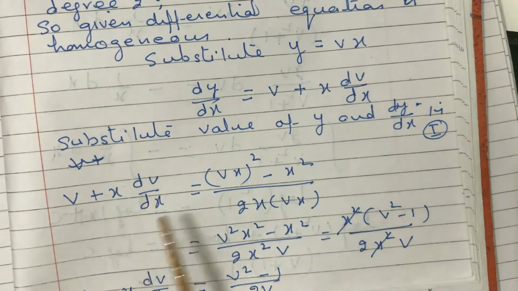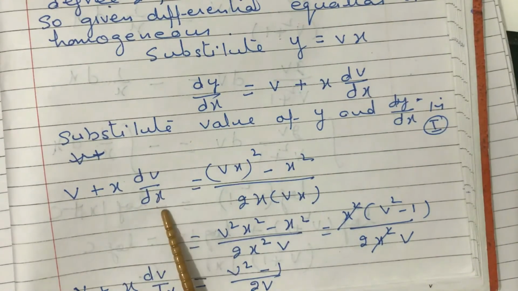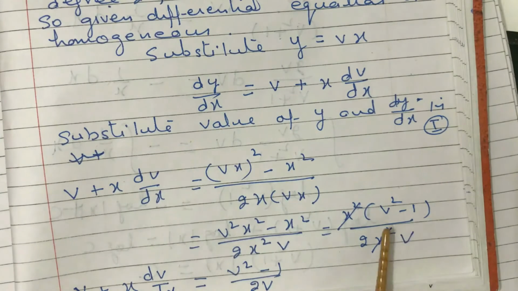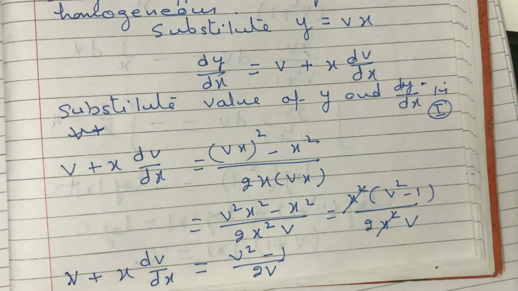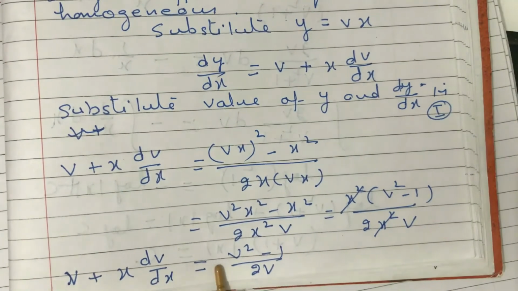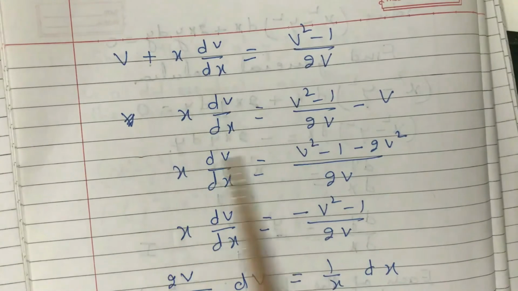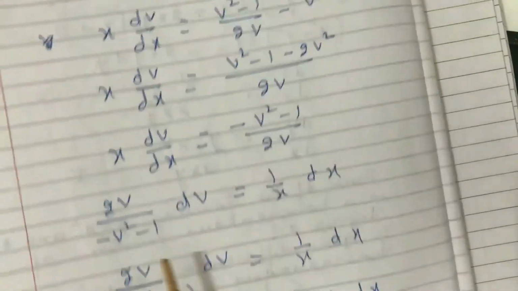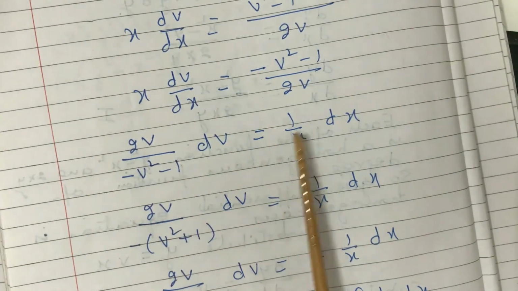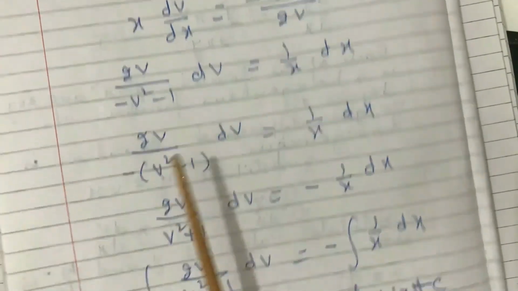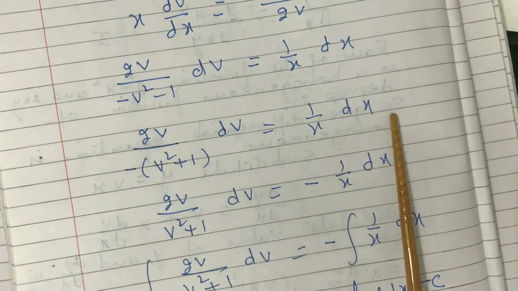After substituting it, we will get v plus x dv by dx is equal to (v square minus 1) upon 2v. Now separate the variables, do the calculations, ultimately you reach here: 2v upon minus (v square minus 1) dv is equal to 1 by x dx. Now take minus common: 2v upon (v square plus 1) dv is equal to minus 1 by x dx.